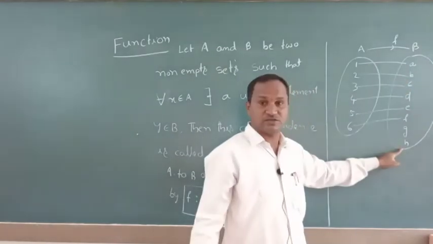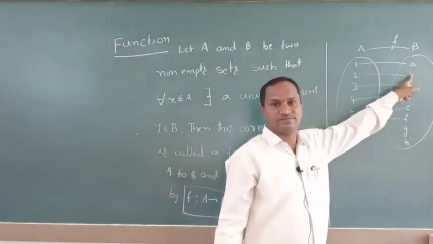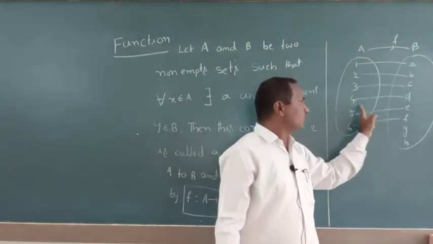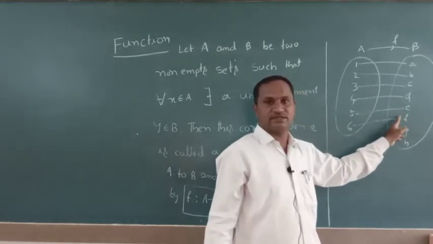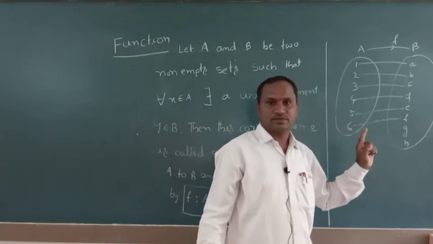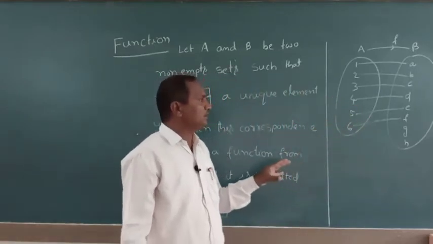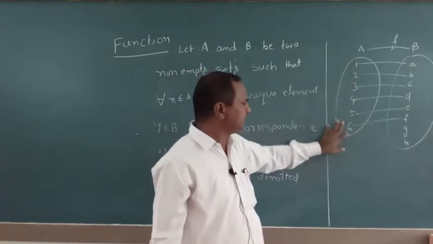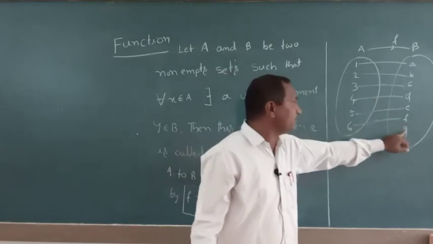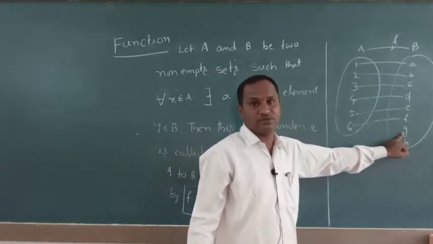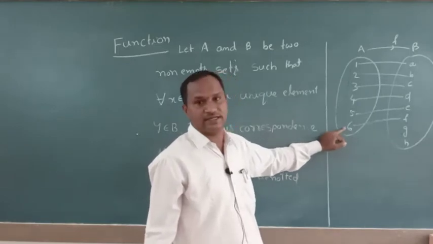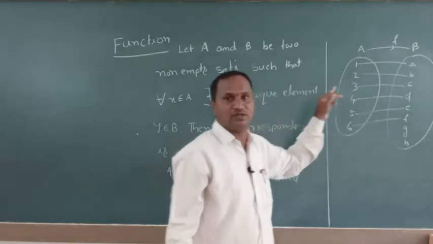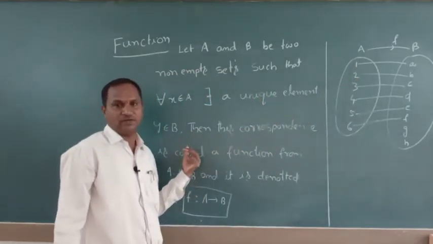Otherwise 1 would be mapped to H also, because 1 does not map to A at that time. 2 to 1 element, 3 to 1 element, 4 to 1 element, 5 to 1 element, like that 6 to 1 element. By this diagram we observe that mapping should finish from all elements of set A; there should not be any extra elements left in set A. You may get some extra elements in set B, no problem, but the mapping should be finished from all the elements of set A. That's what we defined in the definition of functions also.